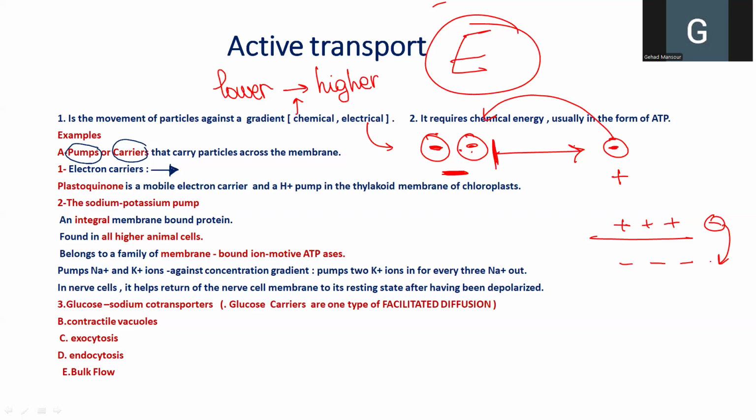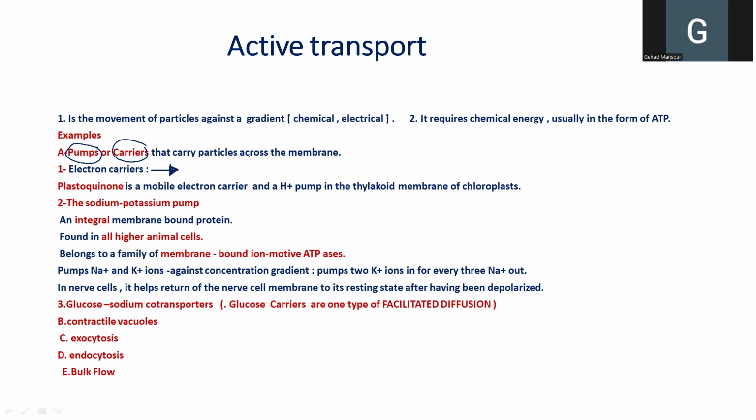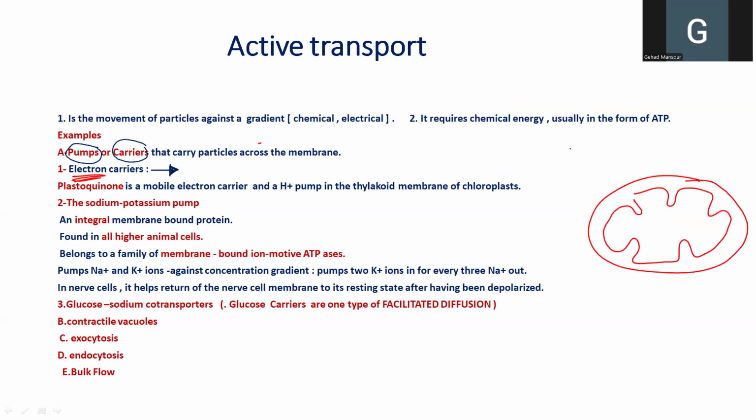We have two major proteins that act as active transporters, the pumps and the carriers. Concerning the carriers, we'll be studying them in full detail in mitochondria and chloroplasts, because the most famous carriers are the electron carriers that are present on the inner membrane of the mitochondrion, or on the thylakoid membranes of the chloroplasts in the grana.